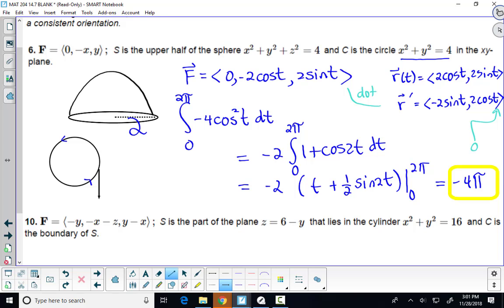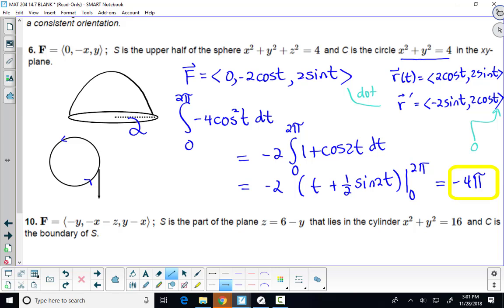We haven't done any curl yet. The curl is what generates this movement around the boundary. When we find the curl, it should generate the same rotation, the same volume per unit of time. But this vector here has a tangential component in the clockwise direction, so there's more clockwise than counterclockwise.